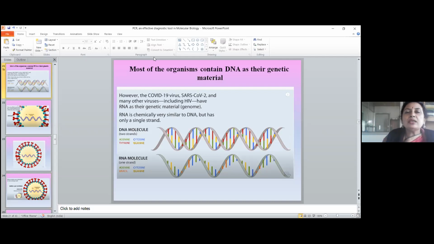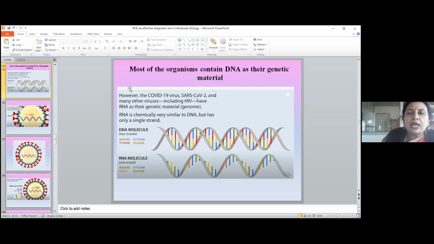Then, why RT? Why are we using the term RT or reverse transcriptase? Now, in almost all organisms, the genetic material is DNA. The genetic material responsible for hereditary transmission is DNA. But there are certain viruses where DNA is absent and the genetic material is RNA.